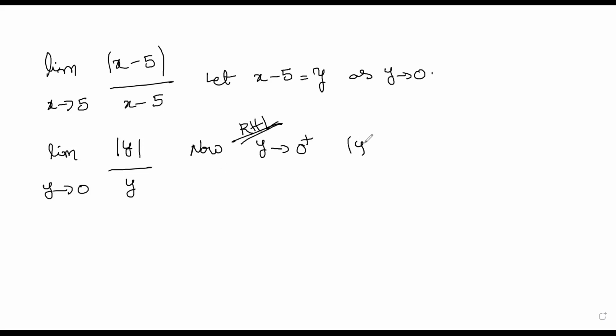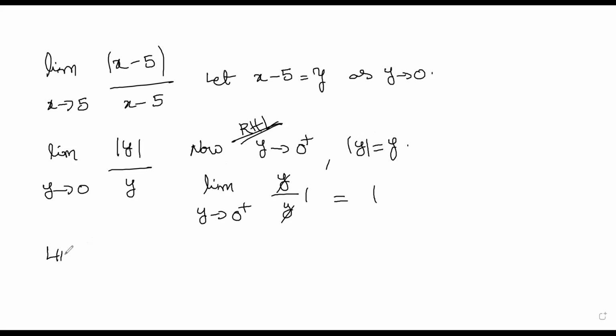So mod y is equal to y, right? So the limit as y tends to 0 plus of mod y, which is y, divided by y, gives the answer 1.